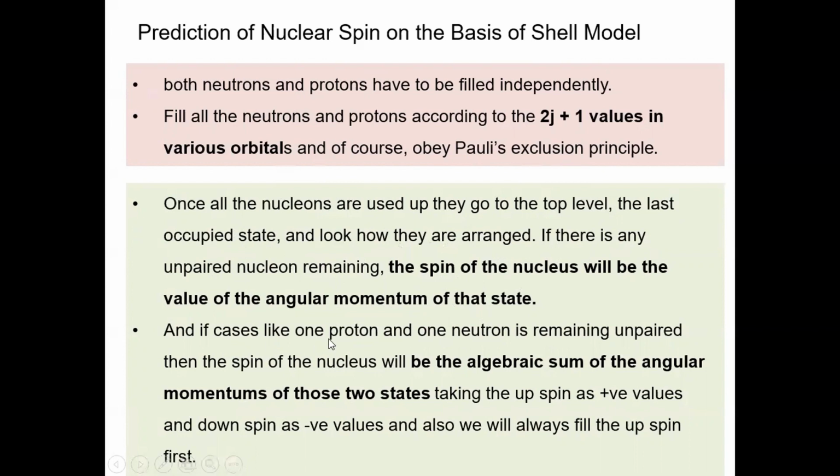Now, if it is the case of one proton and one neutron which is remaining unpaired, then spin of the nucleus will be the algebraic sum of the angular momenta of these two states, taking spin up as positive value and spin down as negative value. And we will make sure that we will fill up spin first.